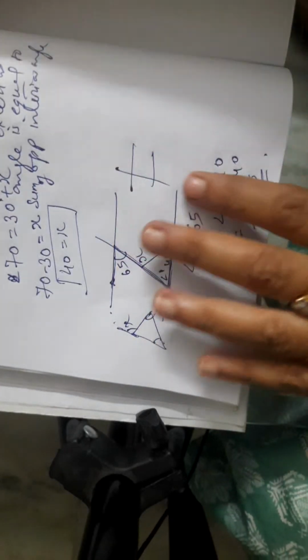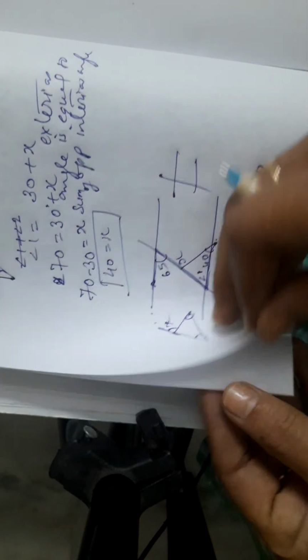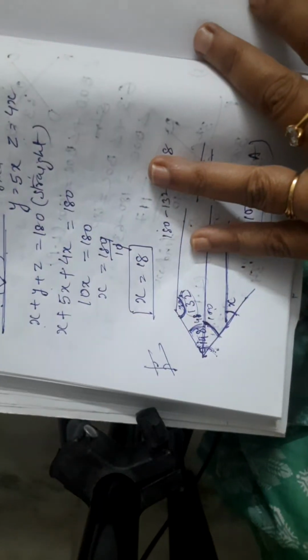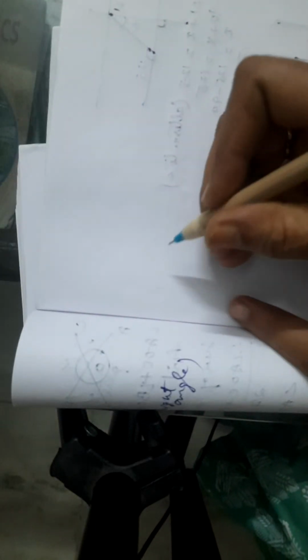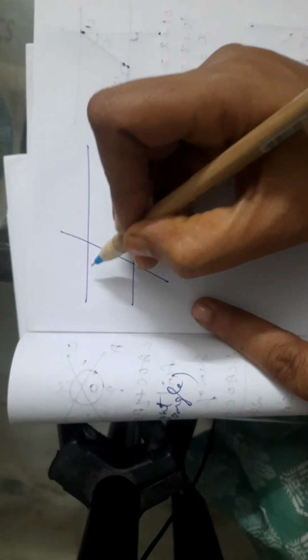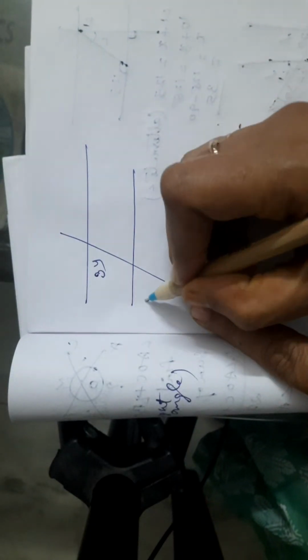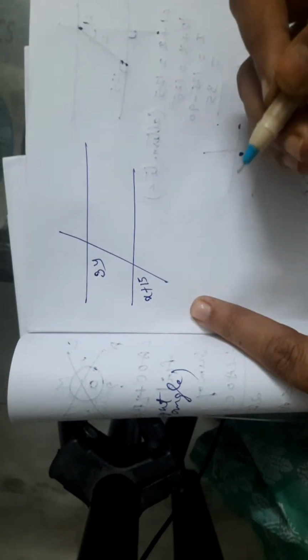Now, one more question. This I feel is the last question, which you may solve after attending many questions. This is given 3y. This one is given x plus 15.